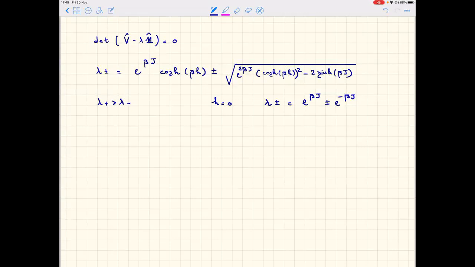Great. Now that we have this, let us compute the partition function Z, and what we get is 2 to the N times cosine hyperbolic of beta j to the power N plus 2 to the N sine hyperbolic beta j to the power N.